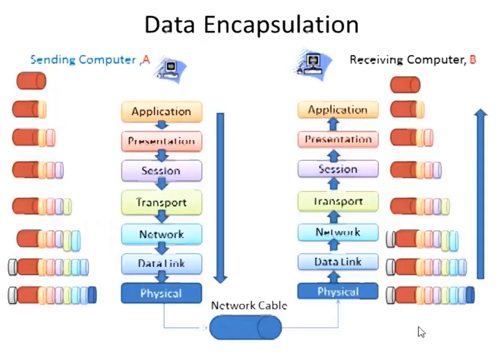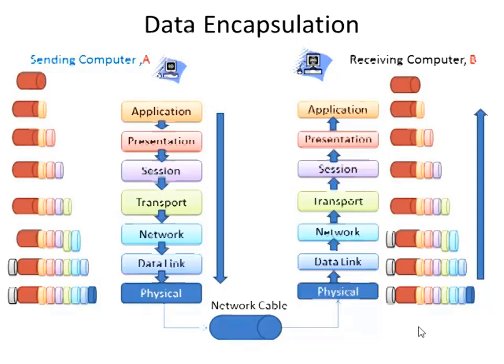In these slides, we are assuming that computer A will send a message to computer B. The user on computer A generates a data message. When he sends the message to computer B, the message will go through the OSI model stack.